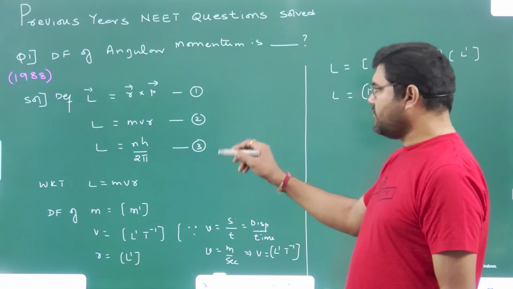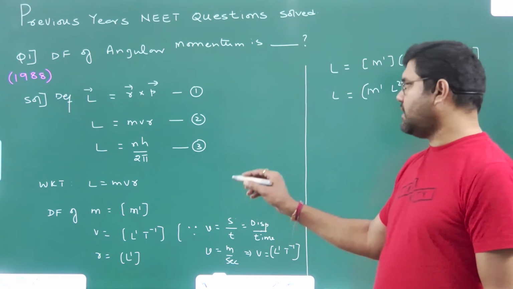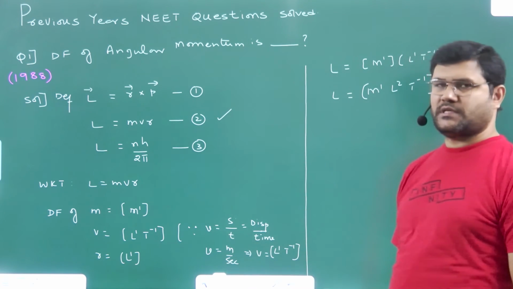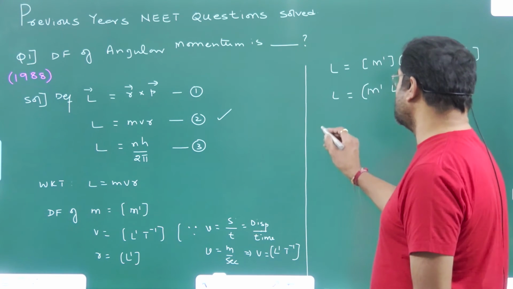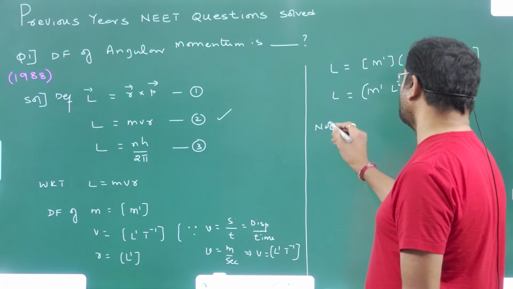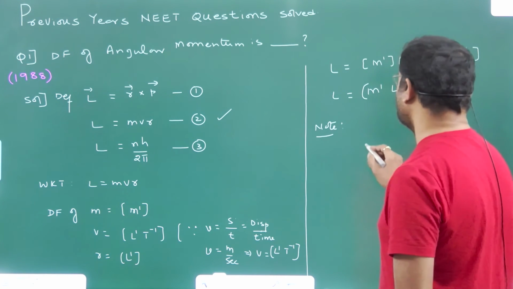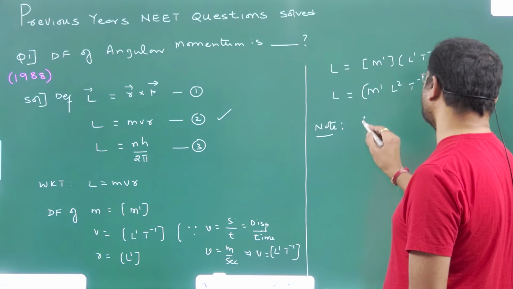The arrival at dimensional formula for L has been from the second equation. If you look into the third equation, you can bring out some more very good information.